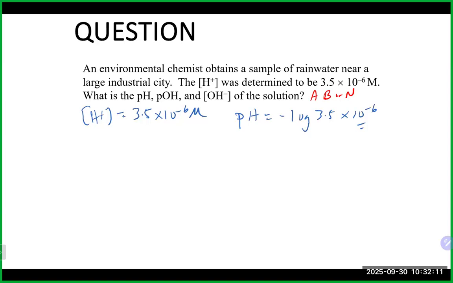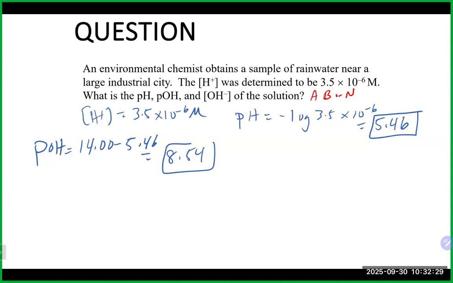That's going to get me a pH here of 5.46. I could obviously get the pOH pretty easily by taking 14 minus that number. And if I do that, we're going to look at 8.54.